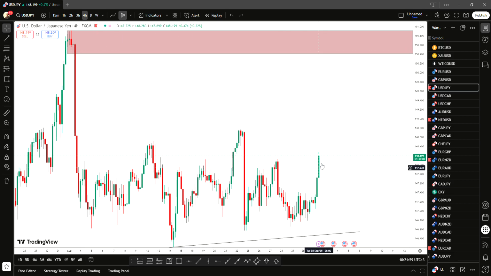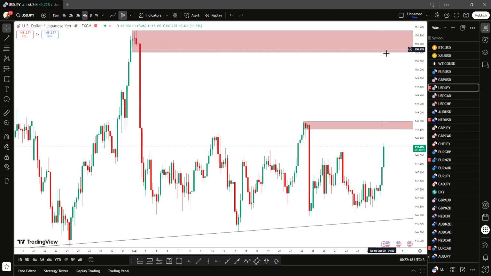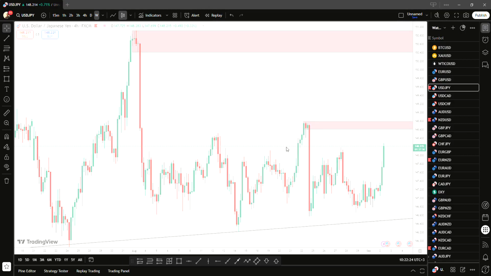So if price is to buy and not sell from this 4-hour zone, this one here, and come all the way down before it can buy, then it will go through the zone, tap here, sell, and then buy. That is what I'm expecting on USDJPY.